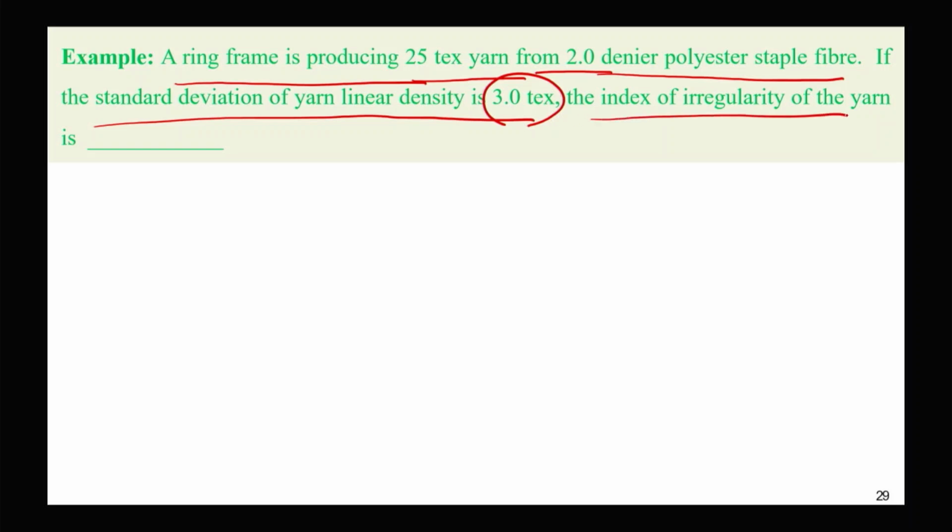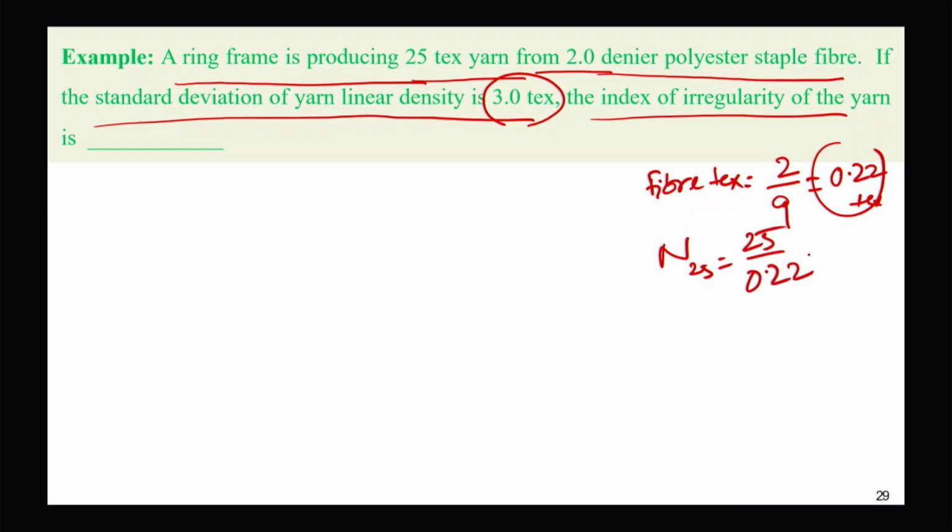The 2 denier fiber tex will be 2 denier divided by 9, which becomes 0.22 tex. So the number of fibers in the cross section is 25 divided by 0.22, which becomes 112.5.